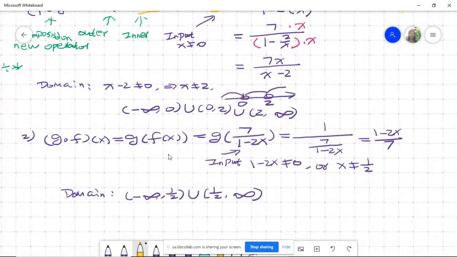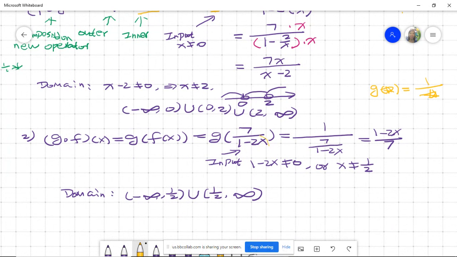I can think of g as being like a star: g of a star is 1 over a star. Instead of thinking of this x, my x here can be replaced by anything, right? So now I have this star.